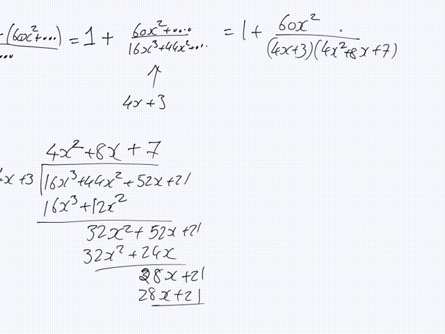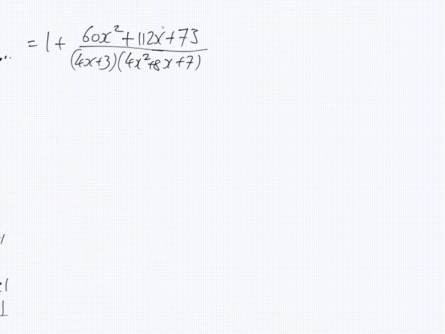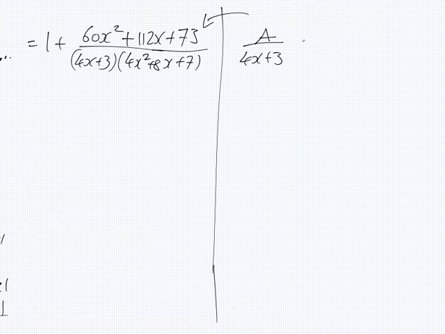Sorry, what was on the top? 60x squared plus 112x plus 73. Right, so now we have to look at this problem on the side. So this here is equal to A over 4x plus 3 plus, and what's on the top here?